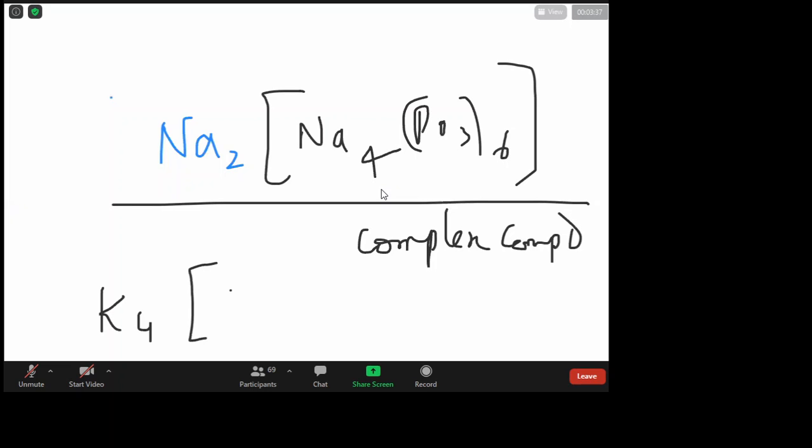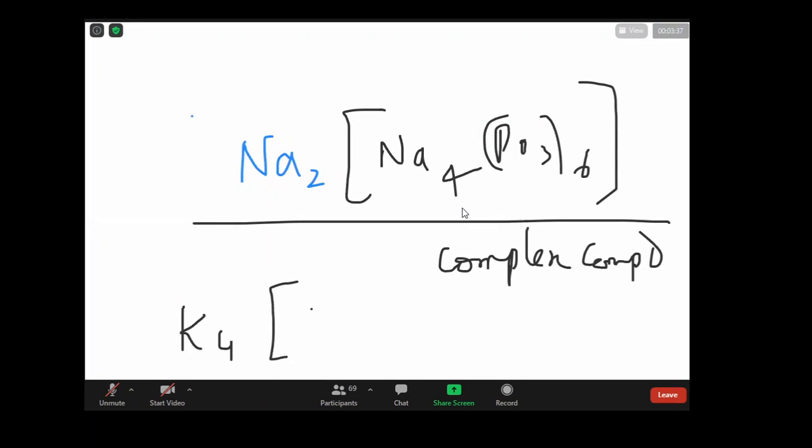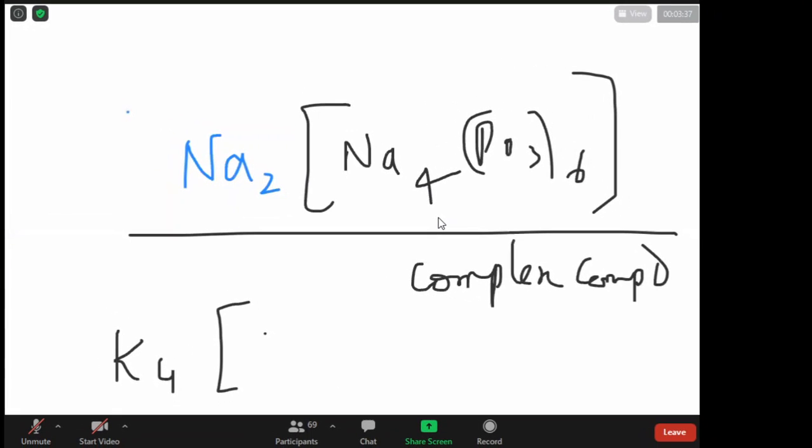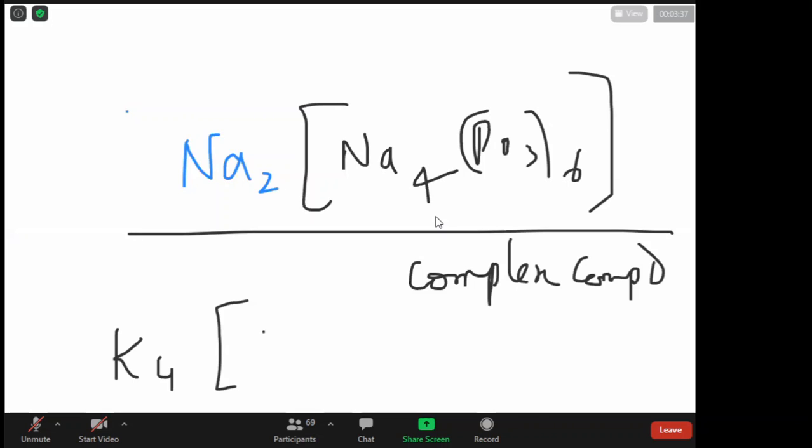Potassium ferrocyanide. Have you heard about it? There are some compounds in chemistry which have very big formulas. Generally, these complex compounds or coordination compounds are made by d-block elements. Rarely, they are also made by s-block elements.